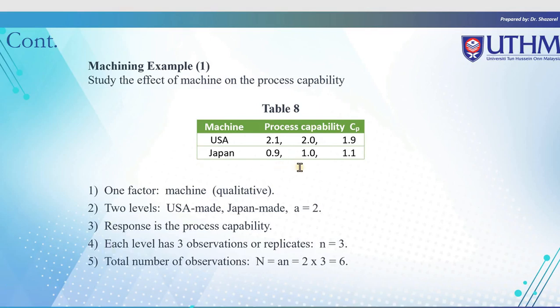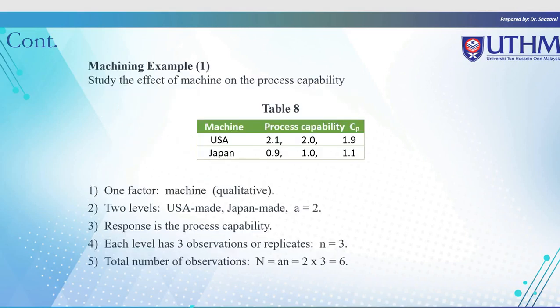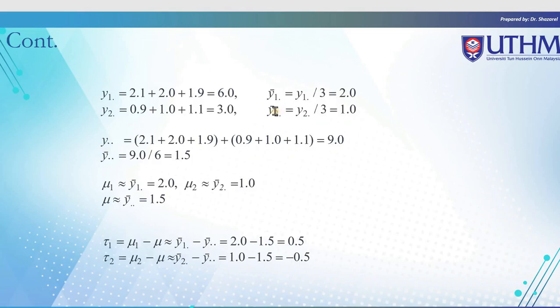From this output we can calculate the means. This is y1 dot, the total of the first level, taking the total of the 3 observations for the first level. Then y bar 1 dot is the total divided by the number of replicates of the first level.